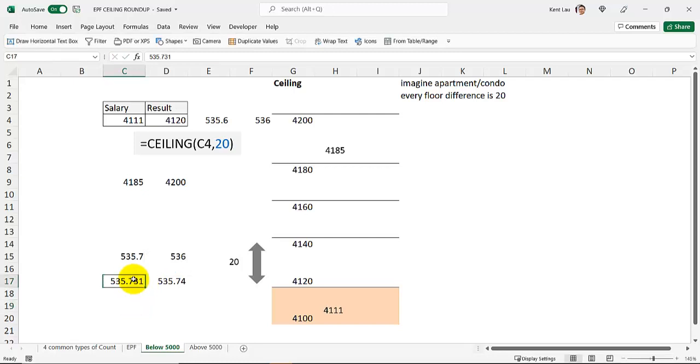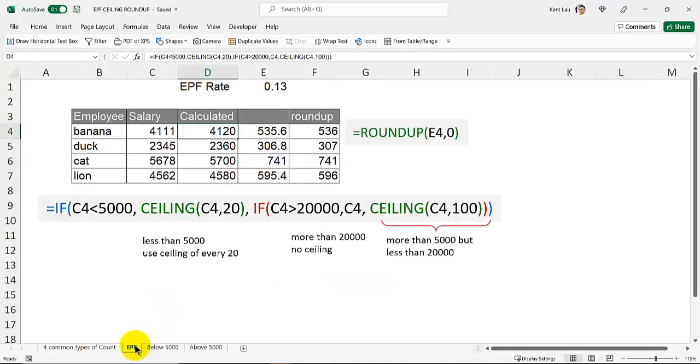Round up always rounds to the upper side, up to the 2 decimal point. That is round up.